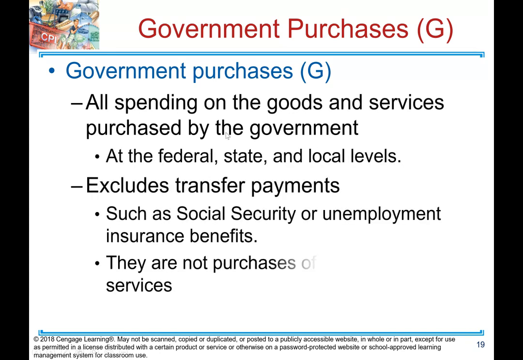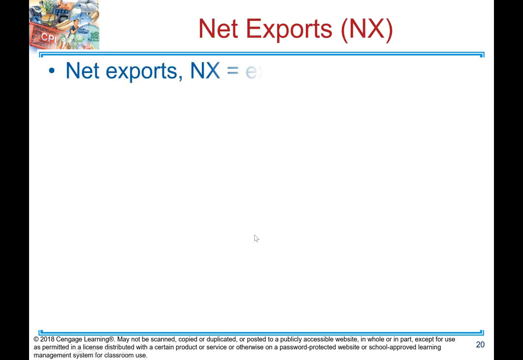Government purchases are all spending on goods and services purchased by the government at the federal, state, and local levels. It excludes transfer payments such as Social Security or unemployment insurance benefits. They are not purchases of goods and services.